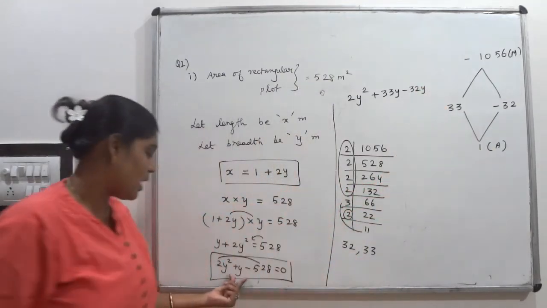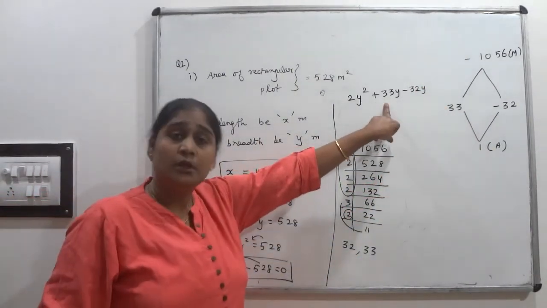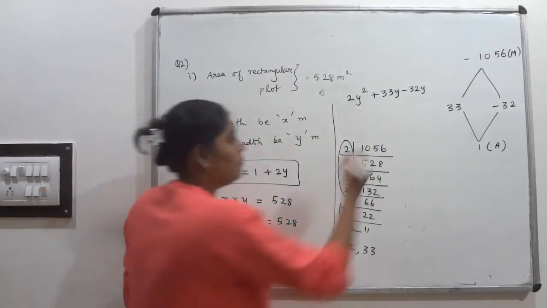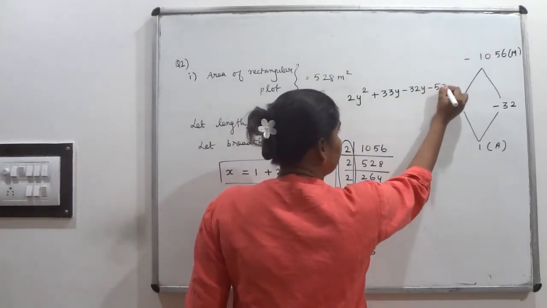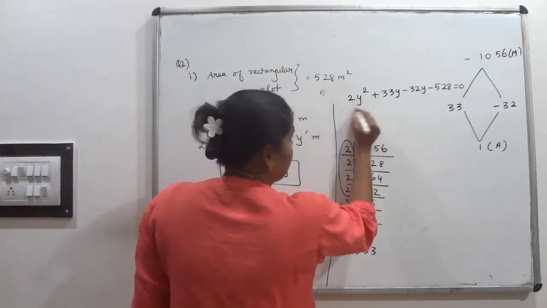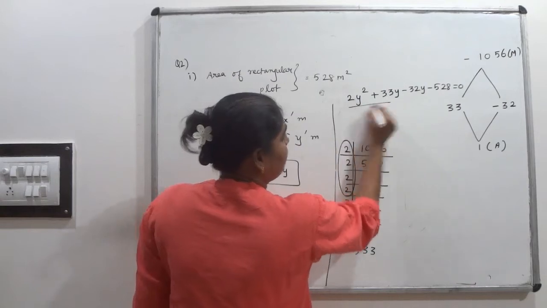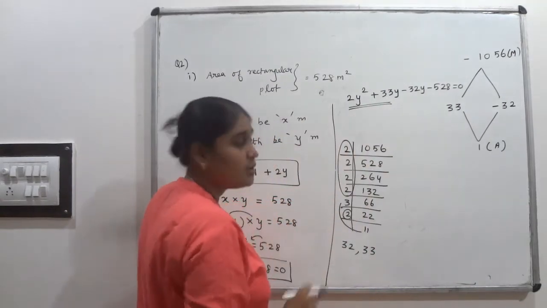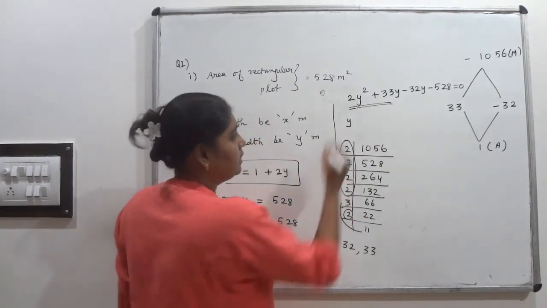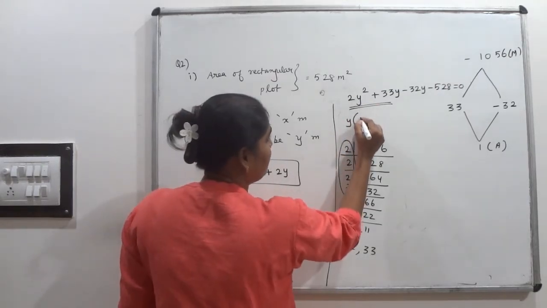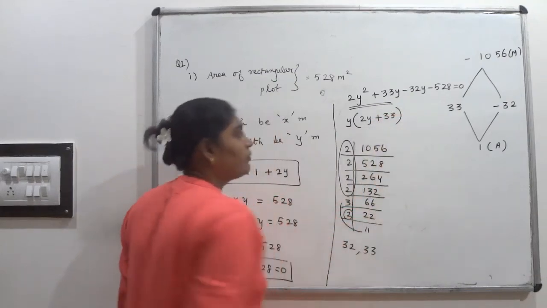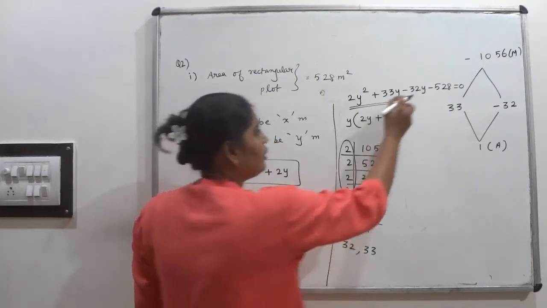This plus y I have split into 33y minus 32y, minus 528 is equal to 0. From these two terms, what can you take out? Yes, y I can take out. What will remain over there? 2y plus 33.